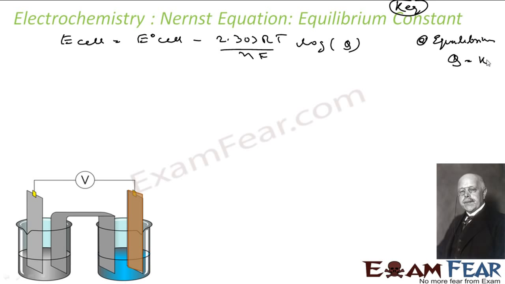Q will become K, and at equilibrium the cell will become dead, so E cell becomes 0.